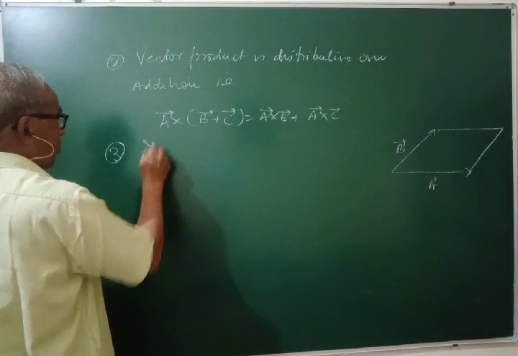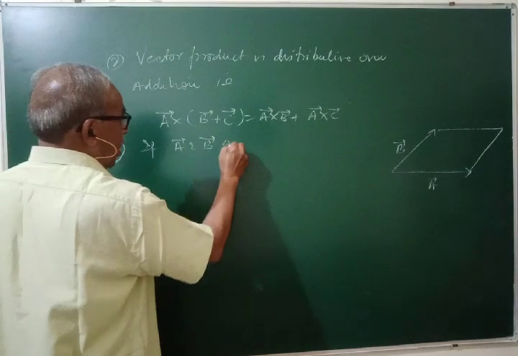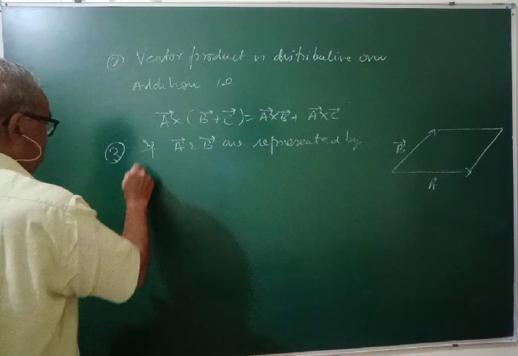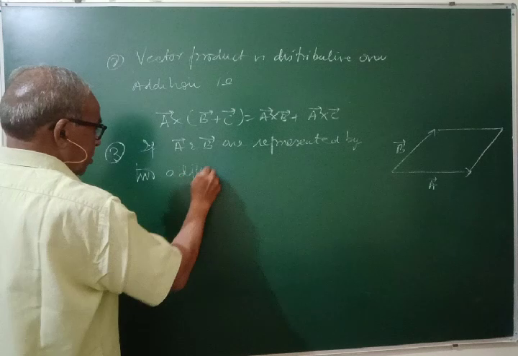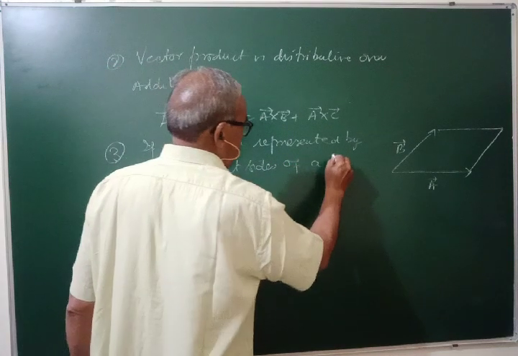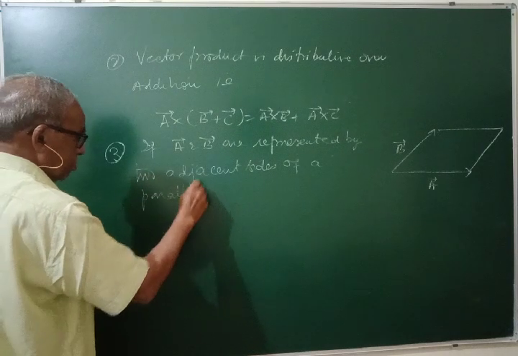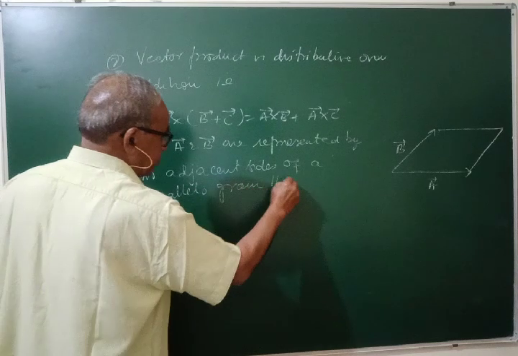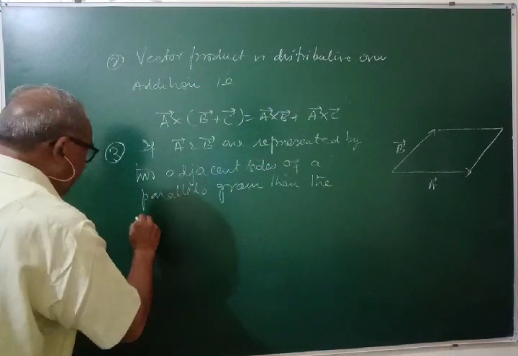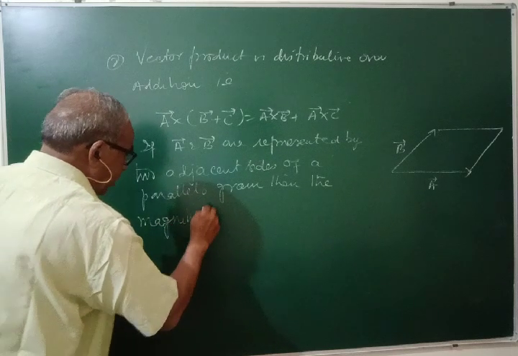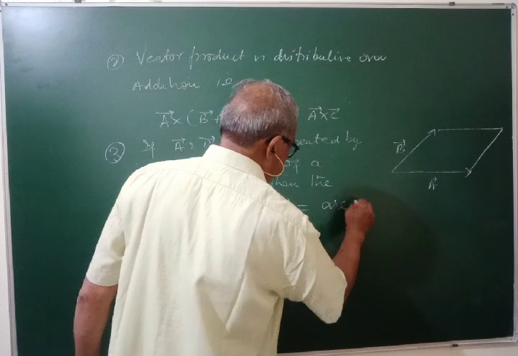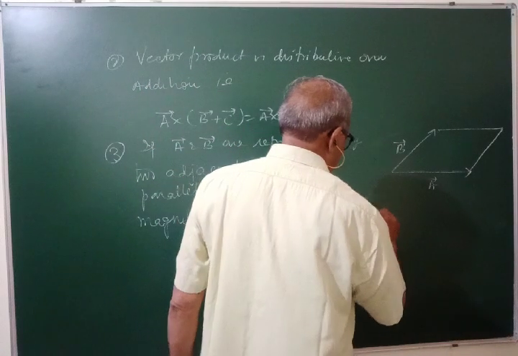Then if vector A and vector B are represented by two adjacent sides of a parallelogram, then the magnitude of A cross B is equal to area of parallelogram.